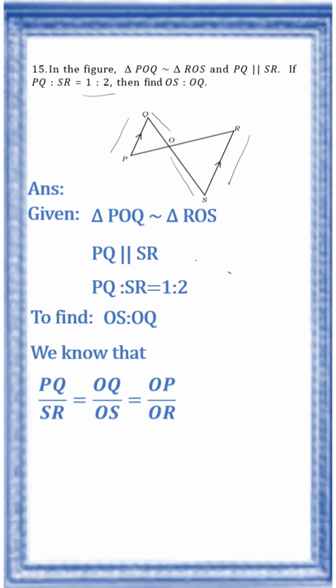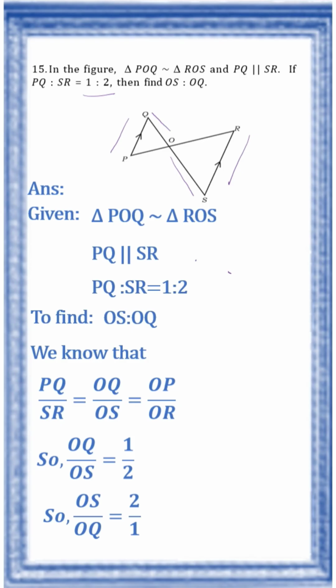So PQ by SR is equal to OQ by OS is equal to OP by OR. So OQ by OS is 1 by 2. Then OS by OQ is 2 by 1. Therefore, the ratio OS is to OQ is 2 is to 1.